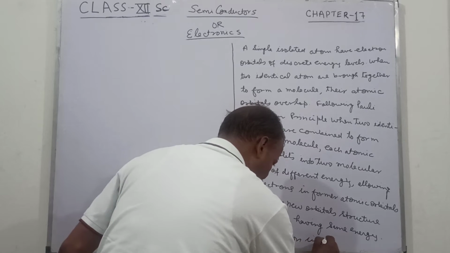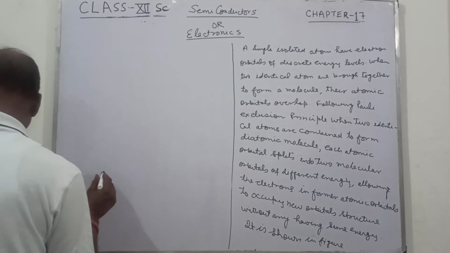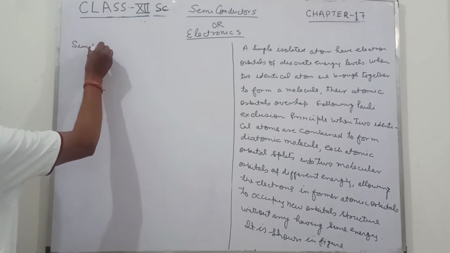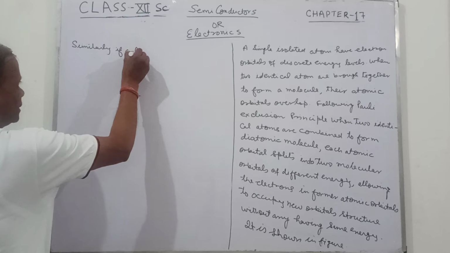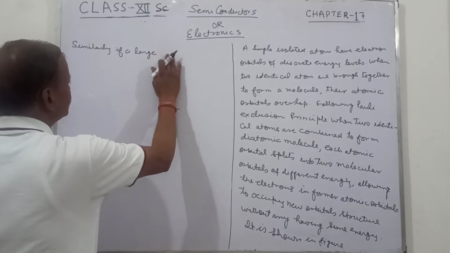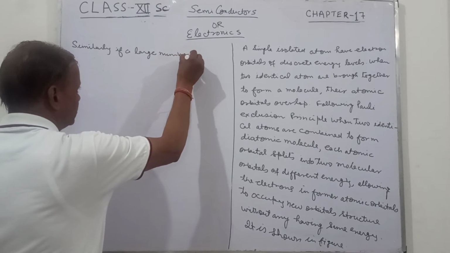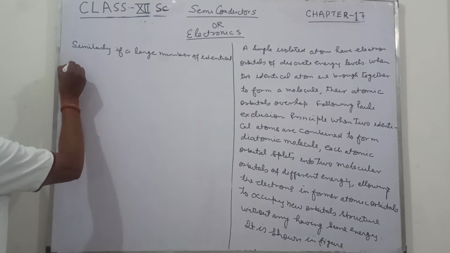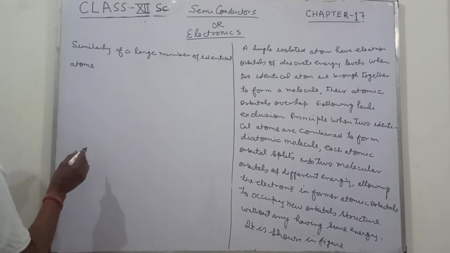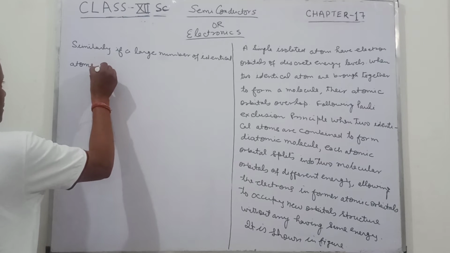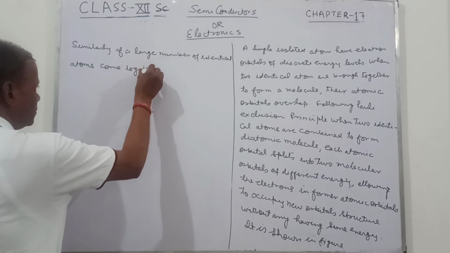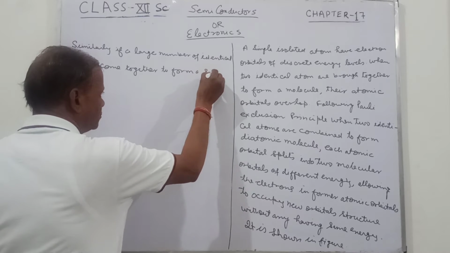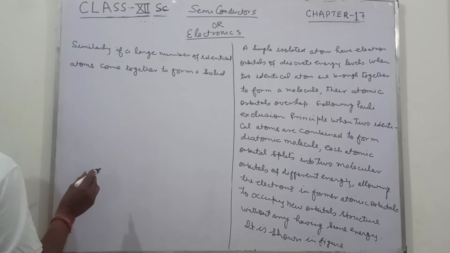It is shown in the figure. Similarly, if a large number of identical atoms come together to form a solid, the atomic orbitals overlap.